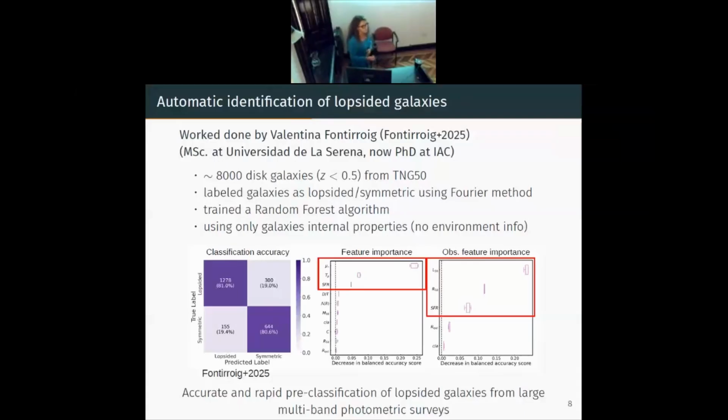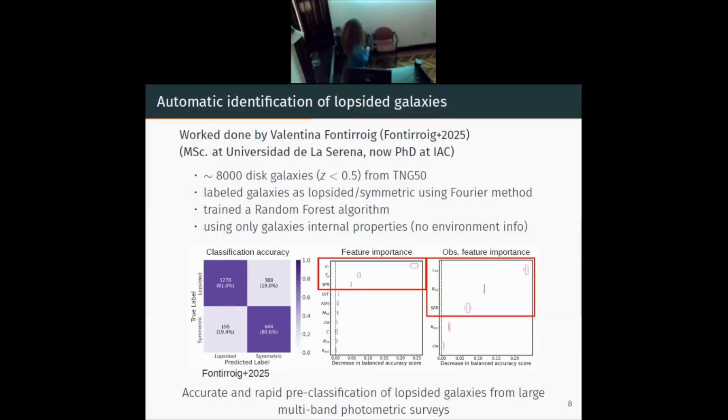And she trained a machine learning algorithm based on random forest to classify this sample of galaxies as lopsided and symmetric using only the internal properties of the galaxies, without prior information about the environment where they are located. So what she did was first use the Fourier transform to measure the A1 and classify galaxies as lopsided and symmetric. And later on, the random forest algorithm.